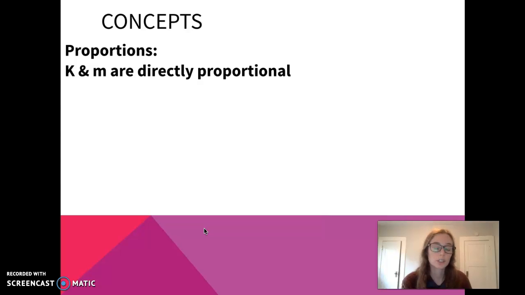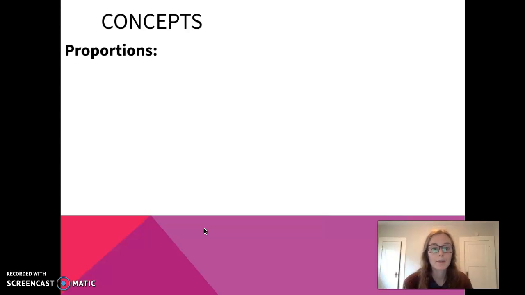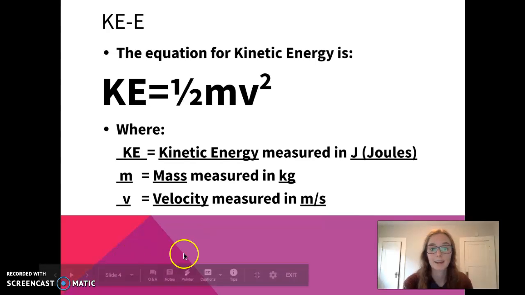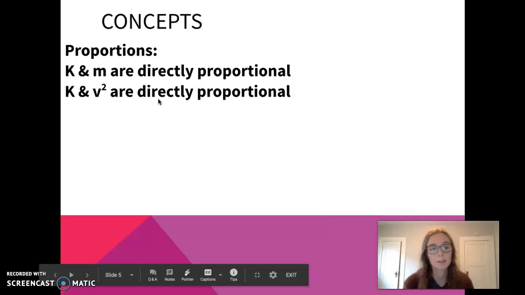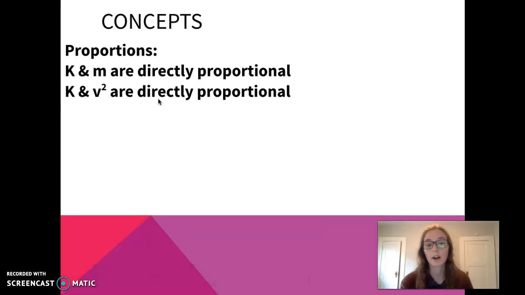Thinking about proportions or relationships, K and m are directly proportional because they're on opposite sides. K and v squared are also directly proportional because they're on opposite sides. Notice that it says v squared, so we cannot forget that squared.